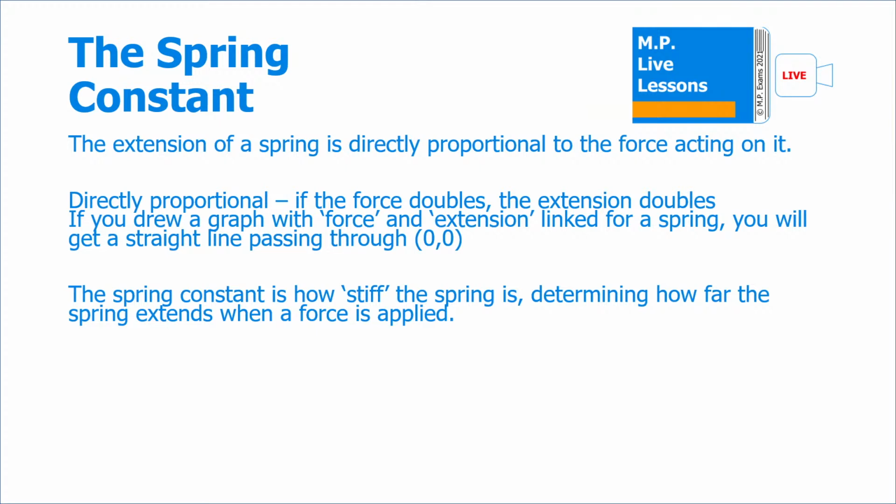And you get the equation F equals k e. F is the force, k is the spring constant, and e is the extension. Now the units are another world, and people forget this often.